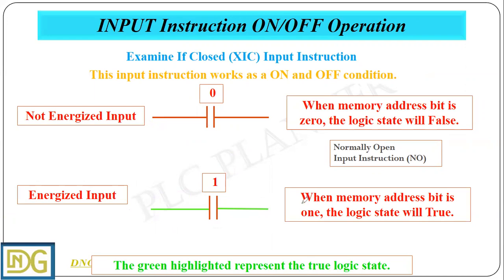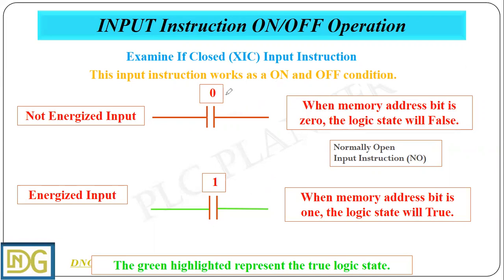When the memory address bit is 1, the logic state will be true. When the memory address bit is 0, the logic state will be off, meaning false.